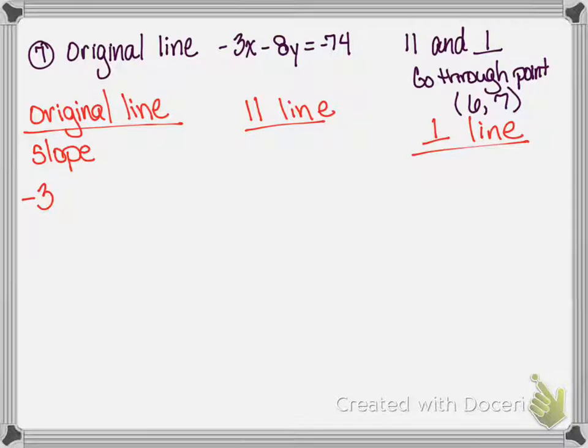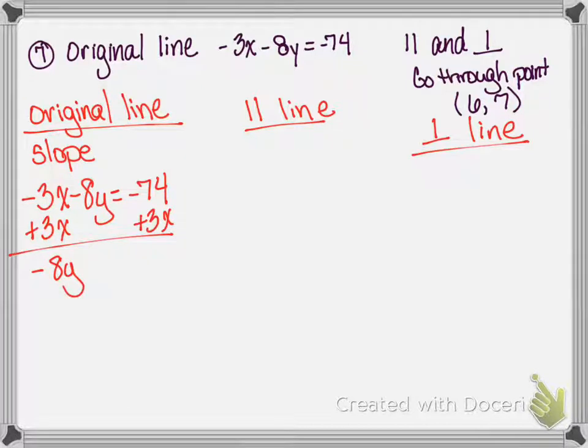So I do this by saying -3x minus 8y equals -74, and I'm going to solve for y. First thing I do, I add 3x to both sides. I'm left with negative 8y equals positive 3x minus 74.